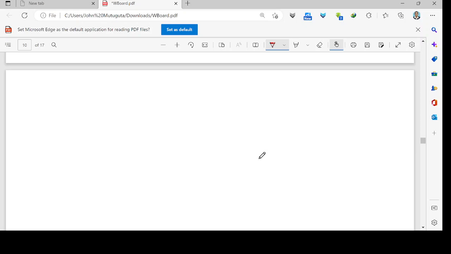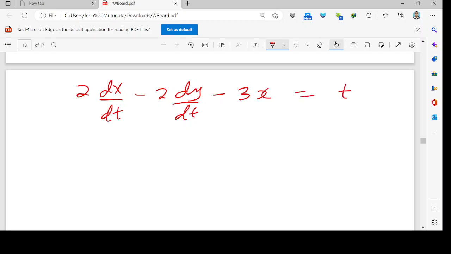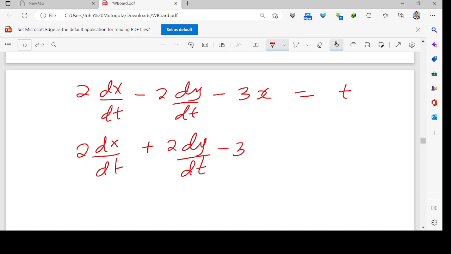The equations were 2 dx by dt minus 2 dy by dt minus 3x is equal to t. The second equation was 2 dx by dt plus 2 dy by dt minus 3x, then plus 8y is equal to 2.